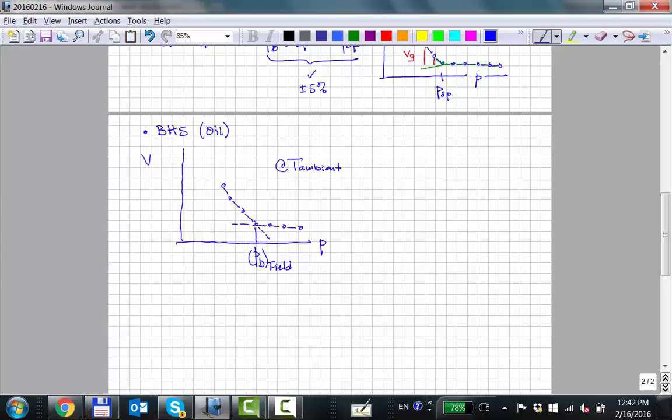And then they would write that number down and send it with the sample to the laboratory. And then the lab would do the same test, at the ambient temperature of the field. They'd make sure that the bubble point in the lab was approximately equal to the bubble point in the field, plus or minus 5%.